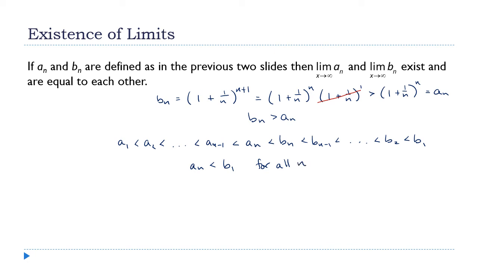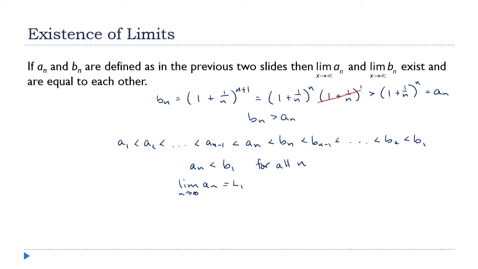So what do we know? a_n is an increasing sequence that is bounded above. That means it has a least upper bound, which means that our limit must exist. The limit of a_n as n approaches infinity equals a number.